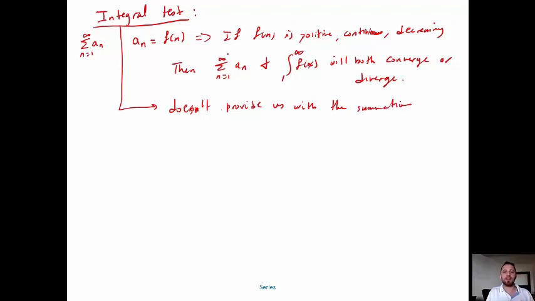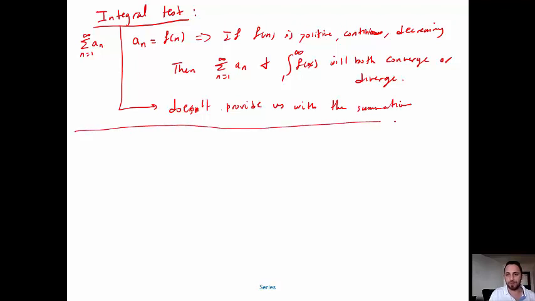If it converges, then it must give you a certain value, but this test doesn't tell you what this value is, the value at which we converge. So it doesn't provide us with the summation.